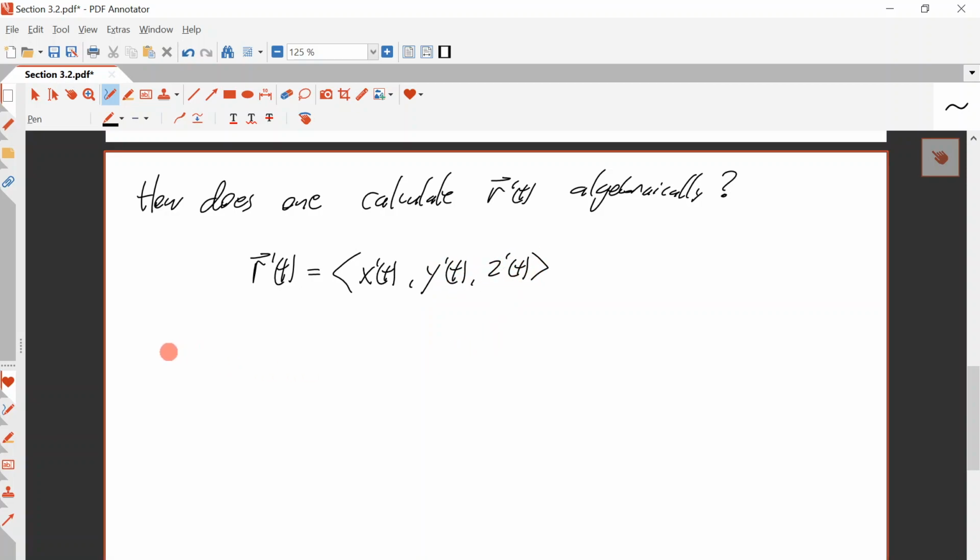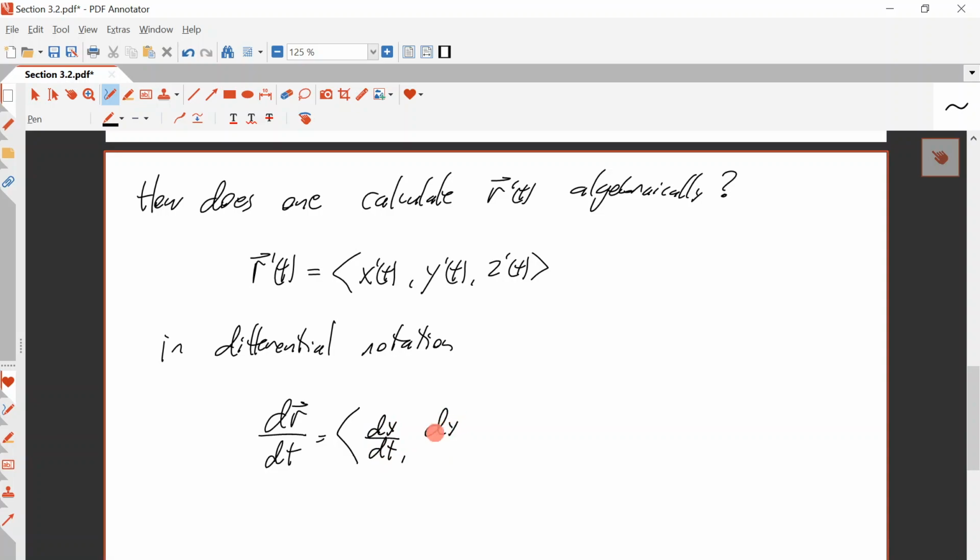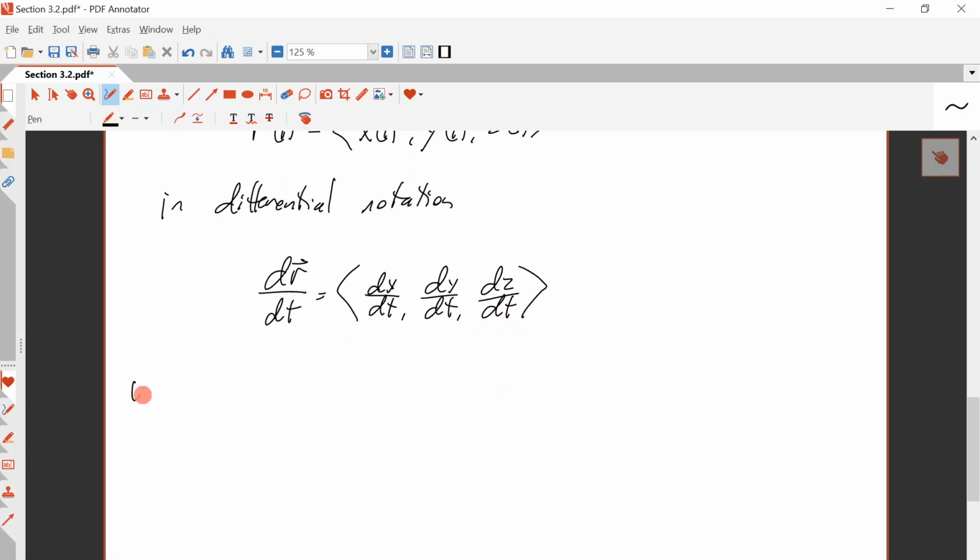In differential notation, we write dr/dt equals dx/dt, dy/dt, dz/dt. Why is this the case, that you just take derivatives component-wise?